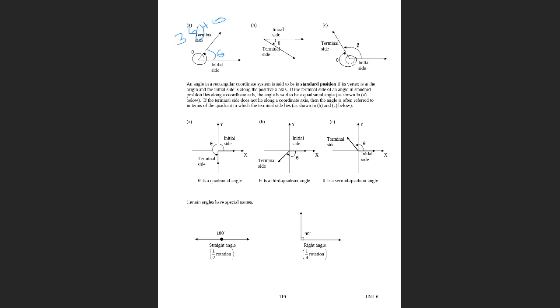So once you see that it goes in the clockwise direction, it means that your theta is a negative angle. But you have to know that beta and theta have the same terminal side, but the angles are going to be different because they went different revolutions.